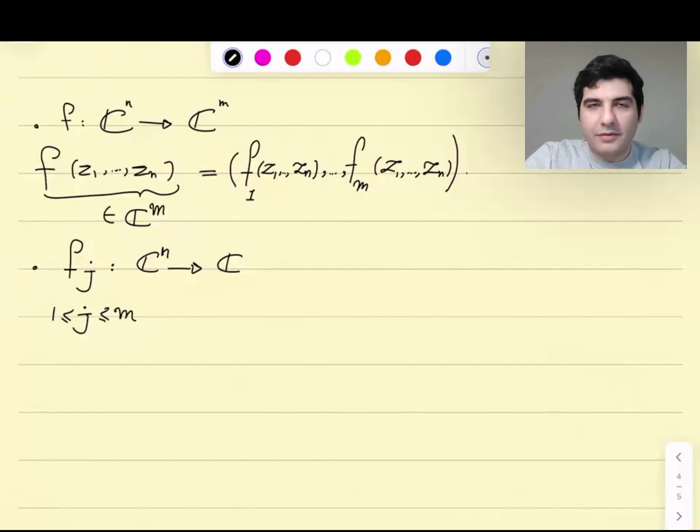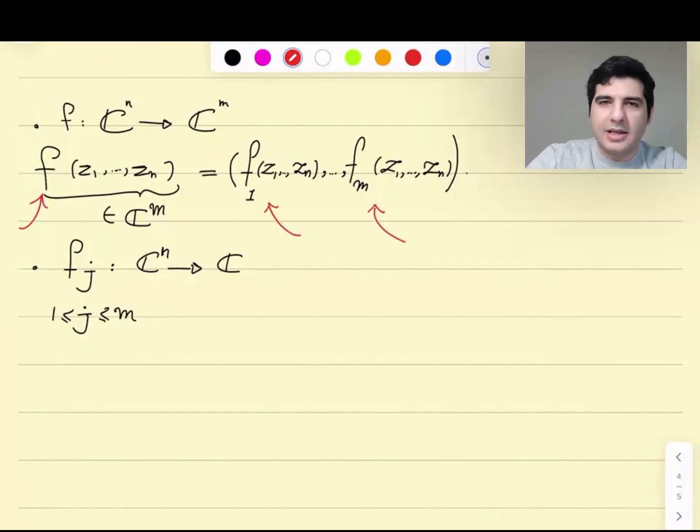So it makes sense first to study functions whose domain is higher dimensional but whose target is one-dimensional, because any property I like to define for f, say being differentiable or continuous, implies each component should be such. So it makes sense first to consider each fj where the target is one-dimensional. It's just C.